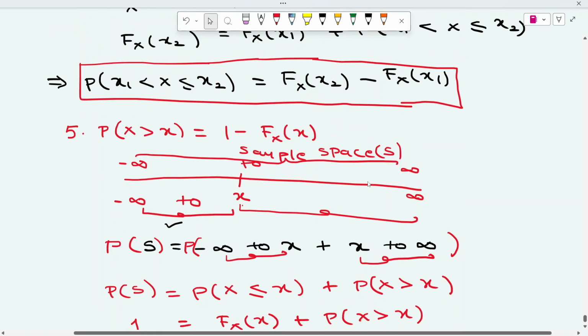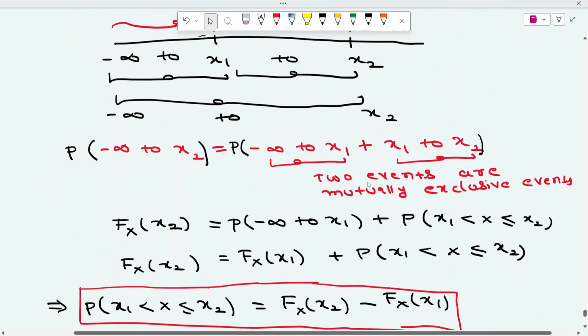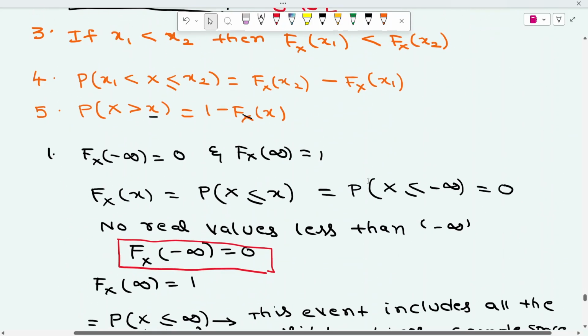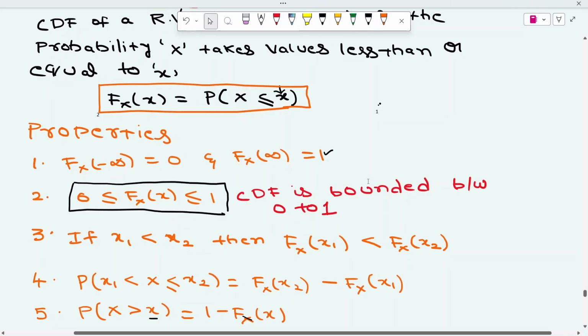So we will quickly go through all the properties and the definition. Fx of x is nothing but the probability of x less than or equal to small x. First property: the minimum value the distribution function takes is 0 and the maximum value is 1.